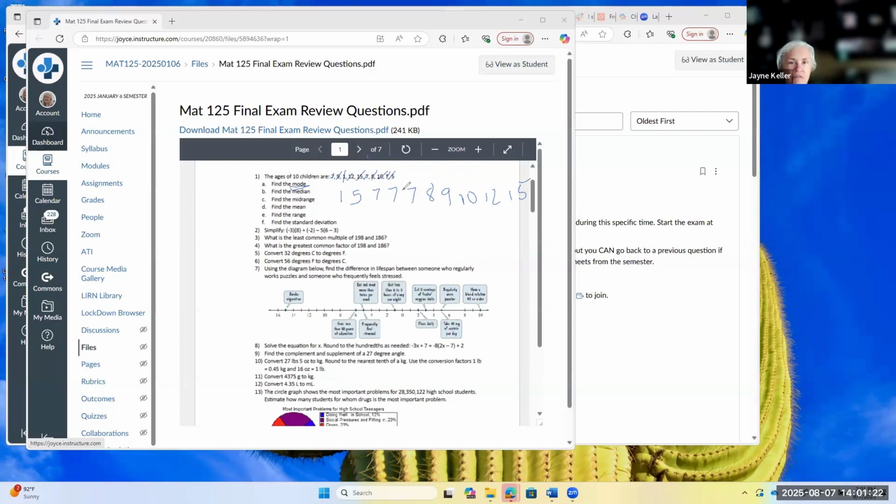One easy way to find the middle is to cross one off from each side and keep crossing one off from each side until you're left with either 1 or 2. I have an even number, so I'm left with 2. To find the median, I add those 2 up and divide by 2. I basically just average them. So the median is 7.5.